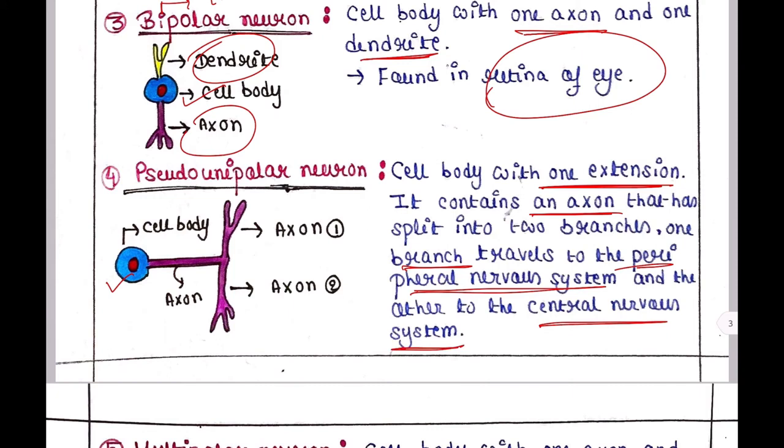Here you can see the cell body does not have any dendrite. Rather it contains only one axon, which is split into two branches. The first, axon 1, travels through the peripheral nervous system, and the second, axon 2, travels through the central nervous system.